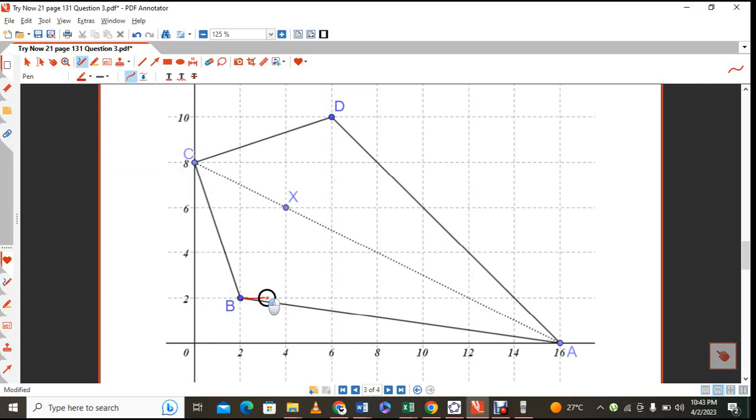So you go 2 units to the right, and then you go 4 units up. That's what I mean by the vector from B to X, which should be the same as from X to D. Also, you can see from this drawing that we are dealing here with a kite, so to speak.